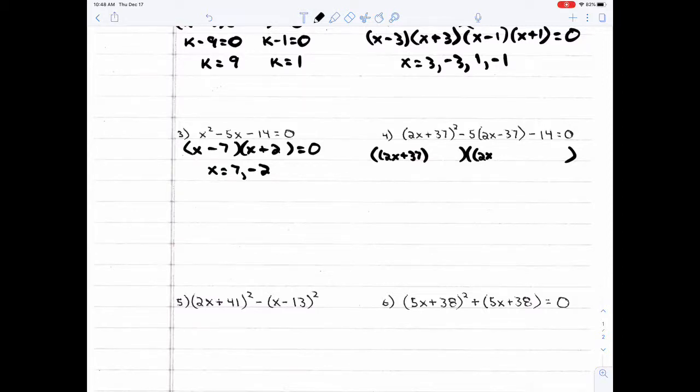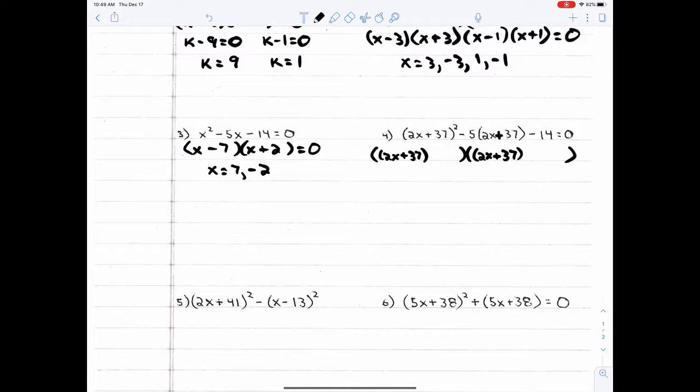So I'm going to make the second one 2x plus 37. So on your paper, you're going to have to change that. The way it was written, we couldn't do this at all. So it's 2x plus 37 times 2x plus 37.